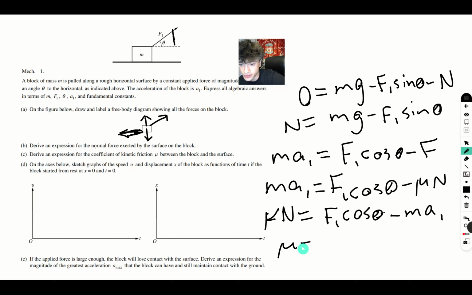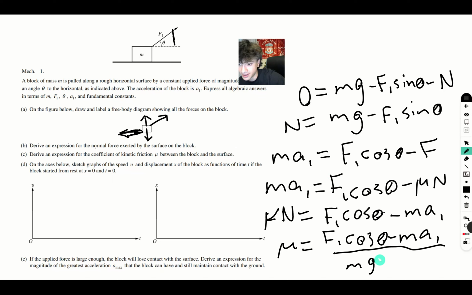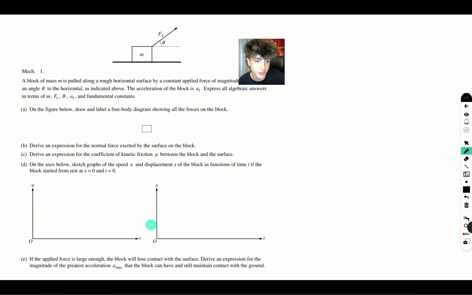Therefore our mu is going to be F1 cosine theta minus m a1, over N, which we have the equation for here: mg minus F1 sine theta. So there you go, there's your final answer for mu. Let's move on to part D.